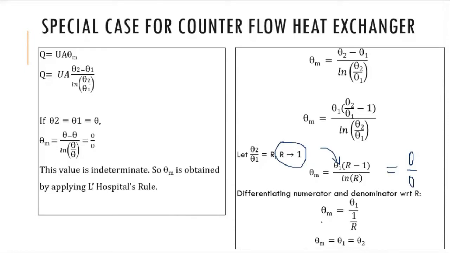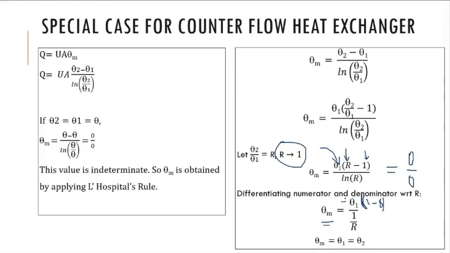We get theta m is equal to theta 1 multiplied by 1 minus 0. Differential of r will be equal to what? 1, and differential of 1 will be what? 0. So we get theta 1 multiplied by 1 minus 0, which is equal to theta 1.